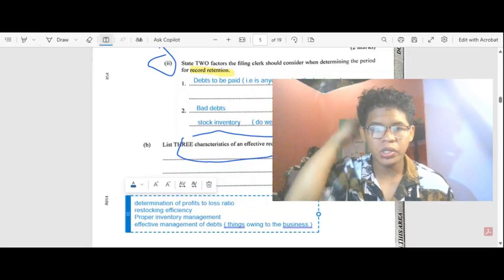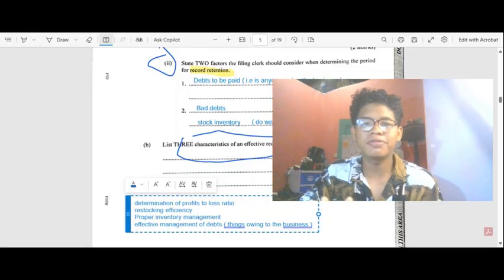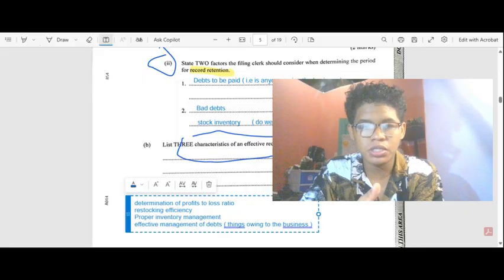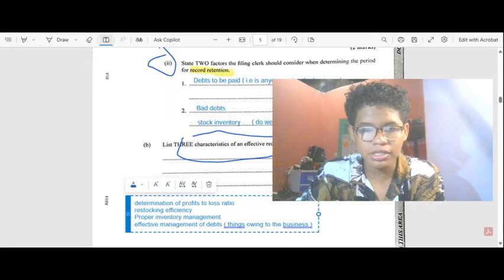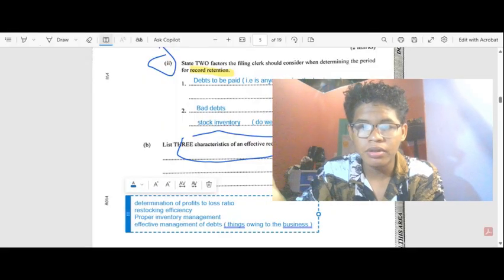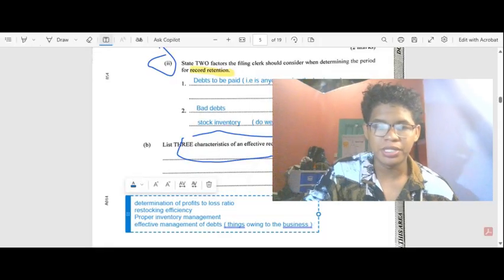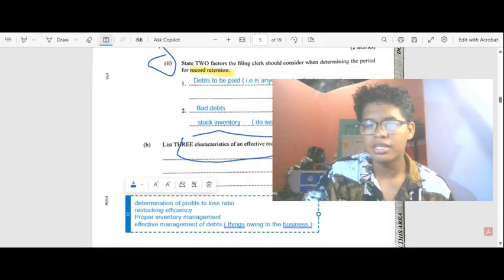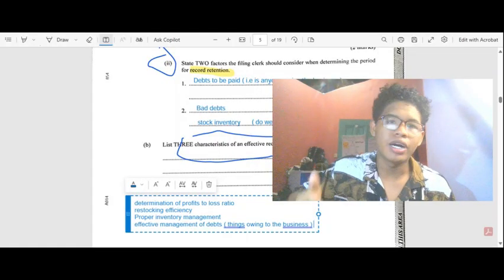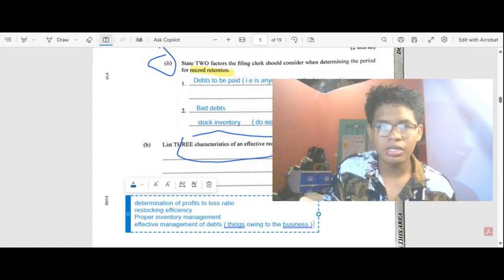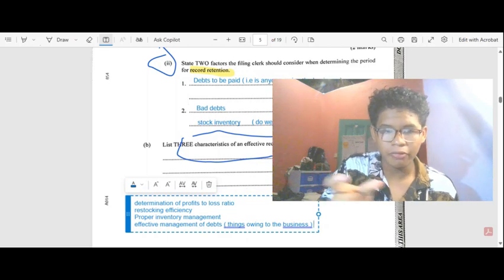So, determination of profits and loss ratio. If they can determine the profits and loss ratio effectively, that is a very effective characteristic of an effective records management system. Restocking efficiency: can they restock on time, and make sure they have enough goods and services to sell at a certain period of time?